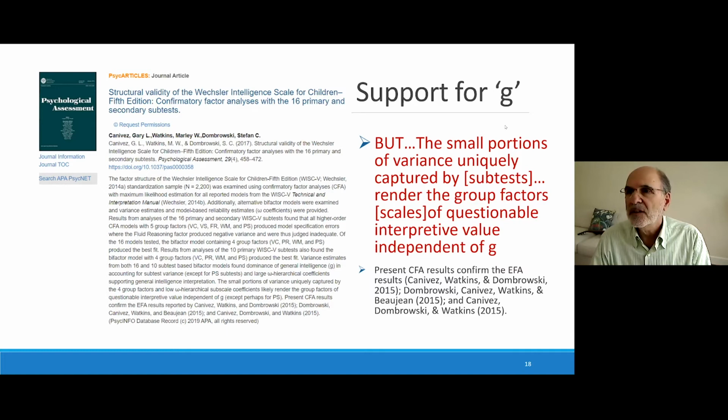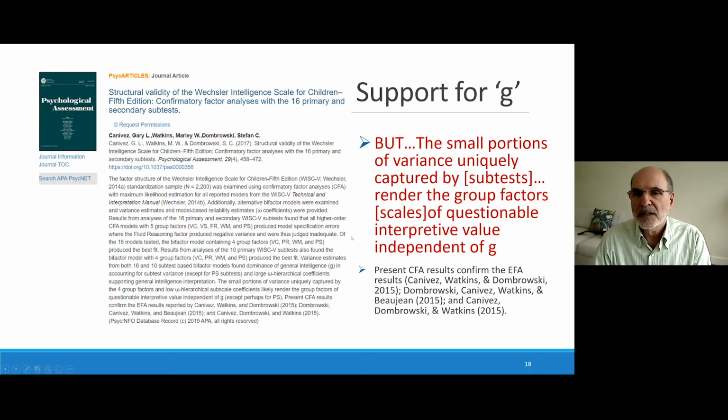However, the notion of interpreting at levels beyond G has not had sufficient support. So said, as they've written, the small portions of variance uniquely captured by scales and subtests render those scores of questionable interpretable value.